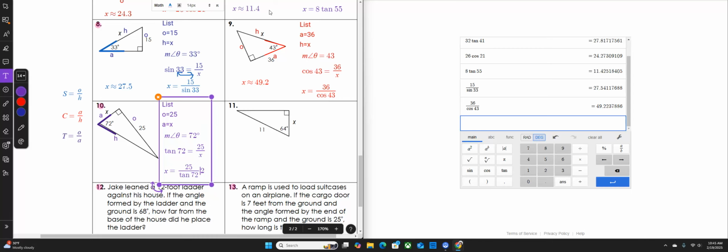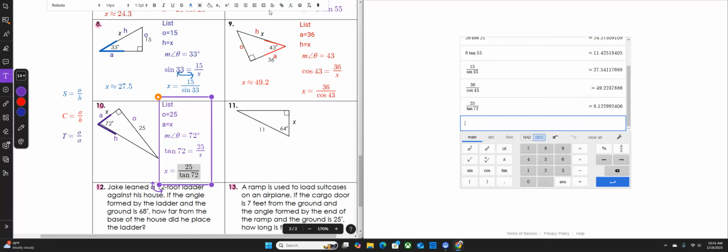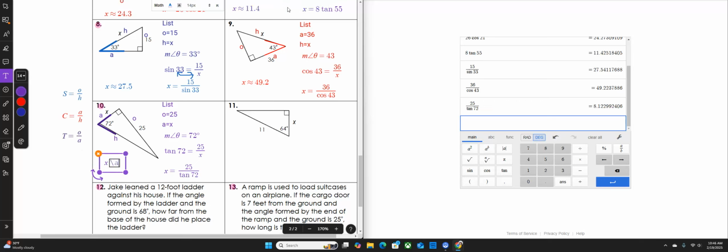Little typo. All right, and that gives us 8.1, about. So x is approximately 8.1. Okay, and now number 11.